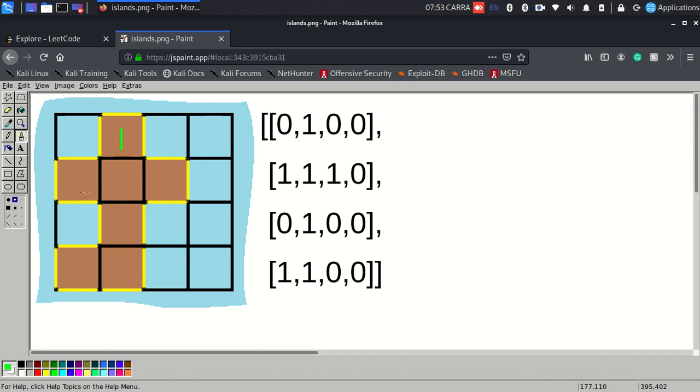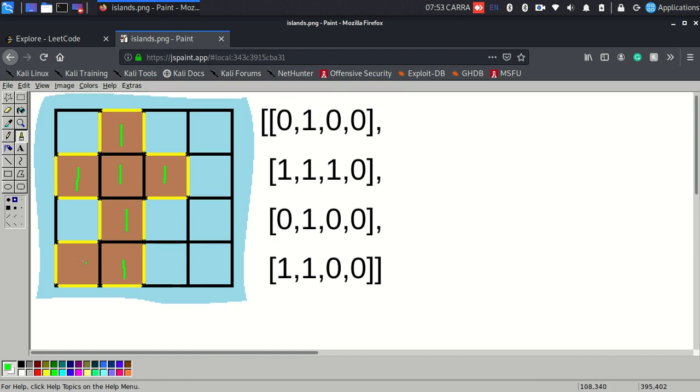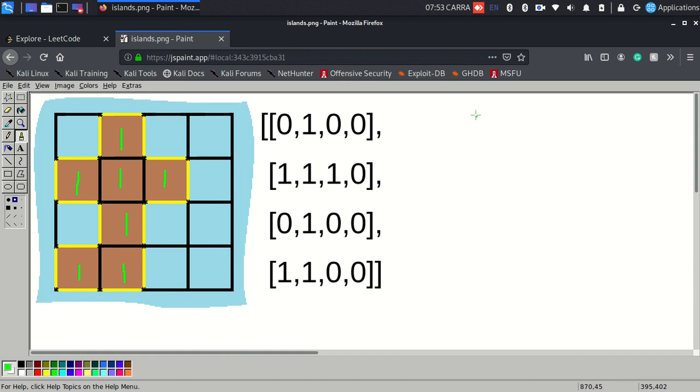These are the same sequence of ones that is present in my input array, so this is the 1 1 1 1. So if you see, I have a 1 here, a 1 here, and this. The whole island is taking the shape of the letter J.